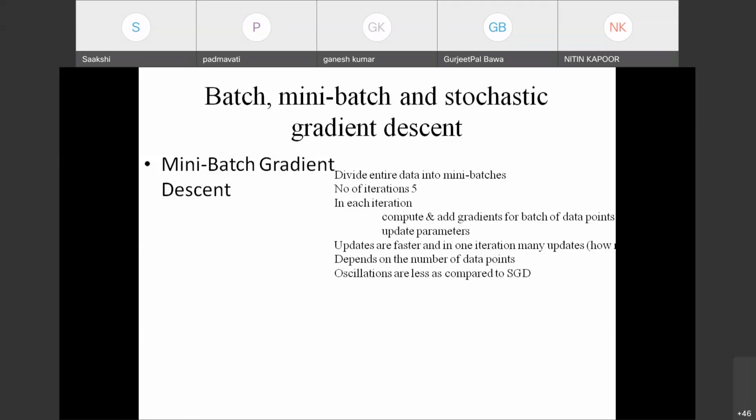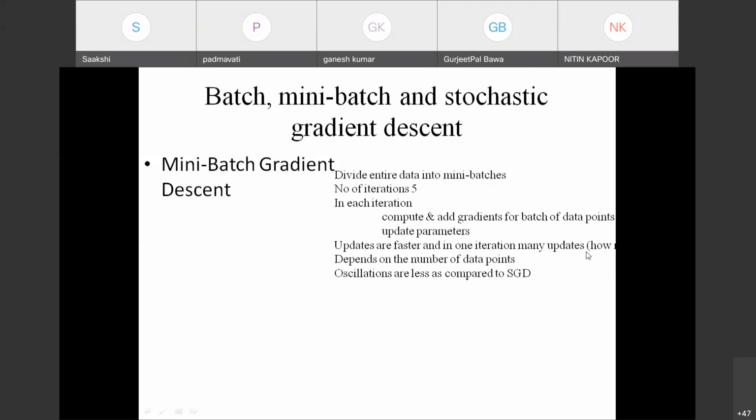Whereas in this case, we compute and add the gradient for a batch of data points. I consider each batch once, compute the gradient and update the parameters. So updates are faster, and in one iteration, many updates will take place.